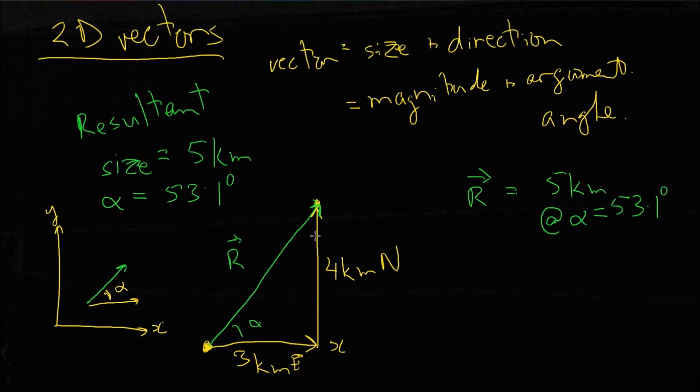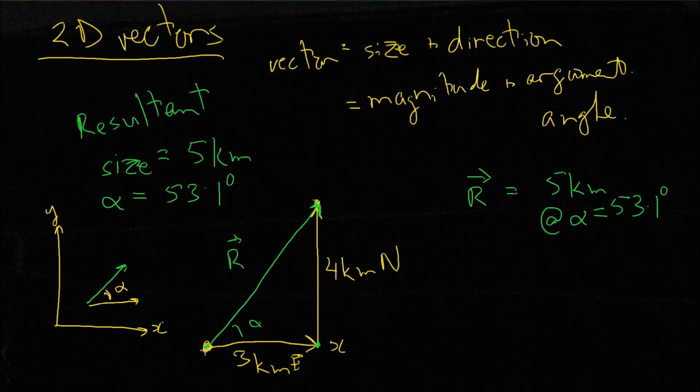And as I said, because you're measuring this with your ruler and your protractor, that's about as accurate as you can be. Now remember, this is just a simple example of a bus travelling along some streets, but it teaches us something very important, and that is how to add vectors in 2 dimensions. You can see here we started at the tail of one vector, and we went to its head, and then we went to the tail of the next vector, and put it on the head of the first vector, and we went up to the head of the second vector.